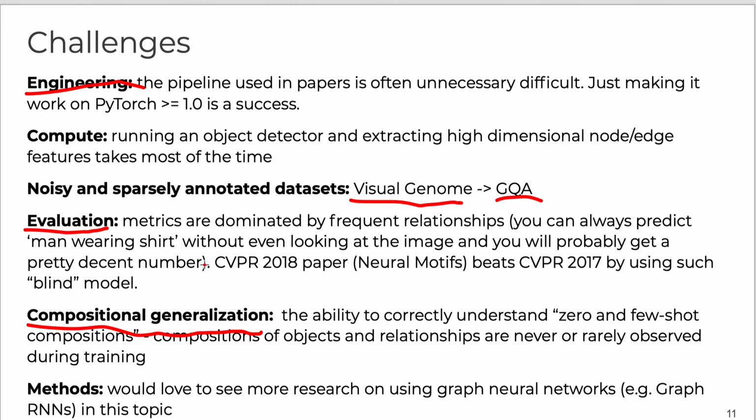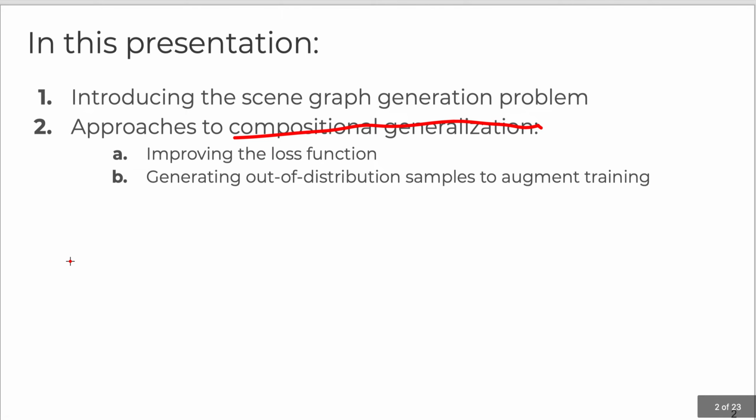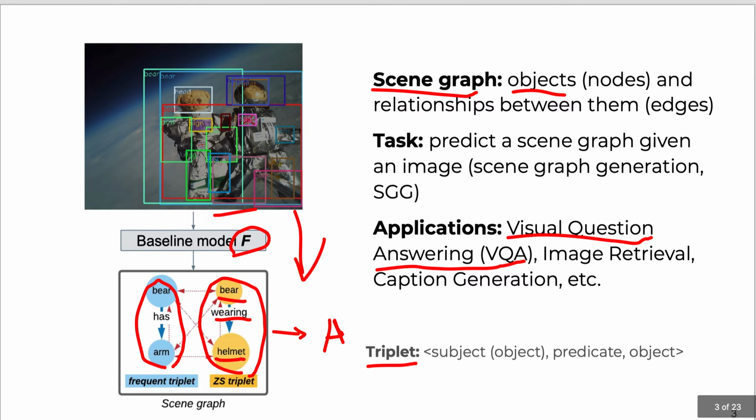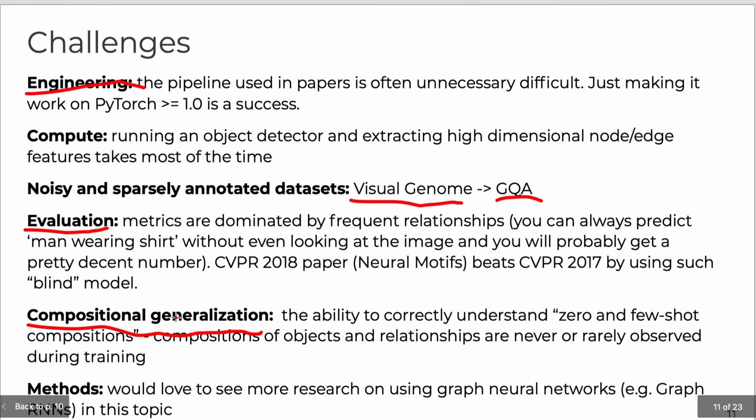I also found that the methods that people use in this area are very complicated sometimes, and it feels unnecessarily complicated. So, for example, graph neural networks are not very explored, and this is a very simple method. So I would love to see more research on that topic, on scene graph generation using these graph neural networks.